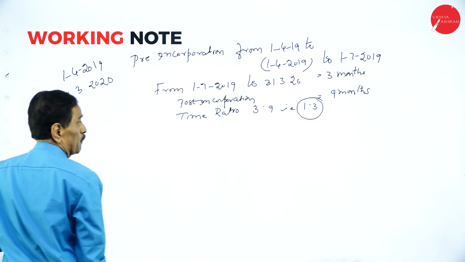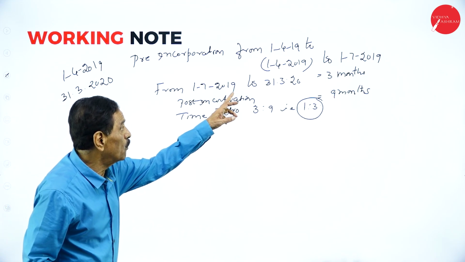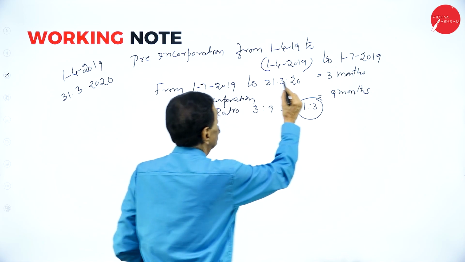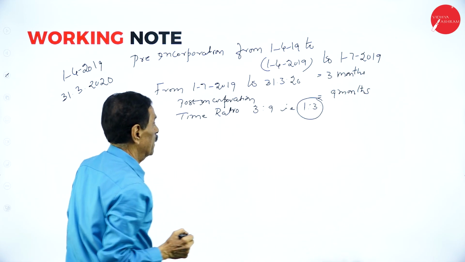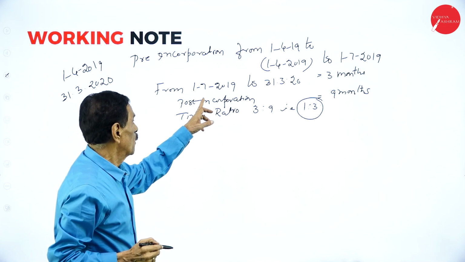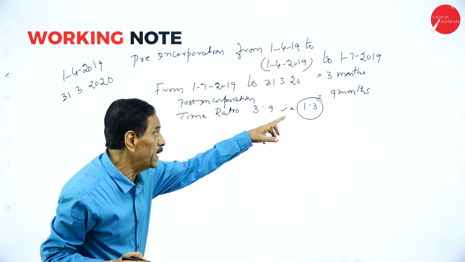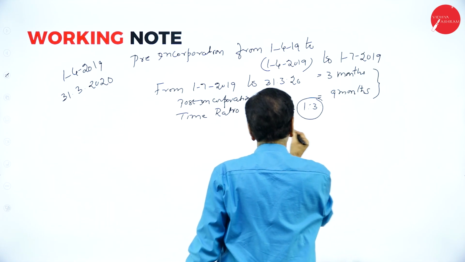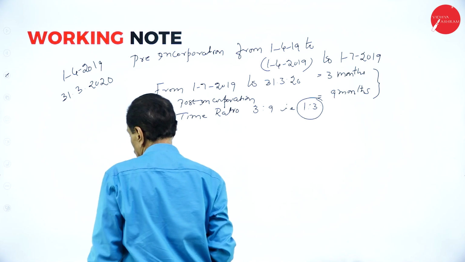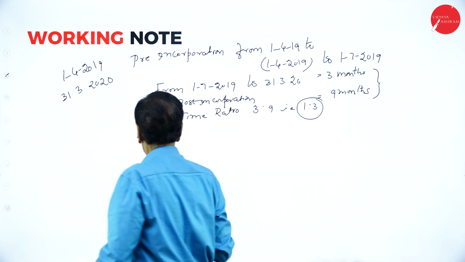So the pre-incorporation period is from 1/4/2019 to 1/7, 3 months, and the post-incorporation period is from 1/7/2019 to the year ending, 9 months. They are in the ratio of 3 to 9, that is 1:3. Now, the sales ratio.